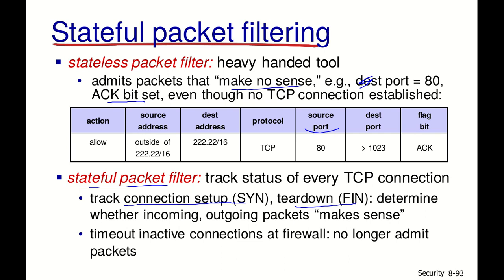So if the network receives a packet from external networks but there was no actual TCP connection set up for that packet, then we can deny it. Or if there was an actual TCP connection but it was already closed, and we still receive a packet from that connection, we can also block that kind of packet. So we only receive packets that make sense. And we can also create timeouts for inactive connections at the firewall.